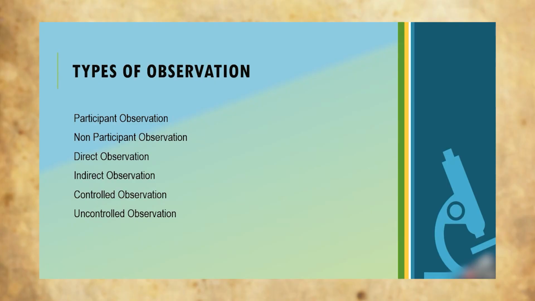Now let's discuss the types of observation. When we talk about the types of observation, we might discuss participant observation, non-participant observation, direct observation, indirect observation, controlled observation, and uncontrolled observation.